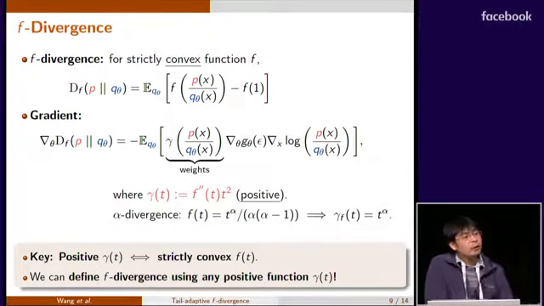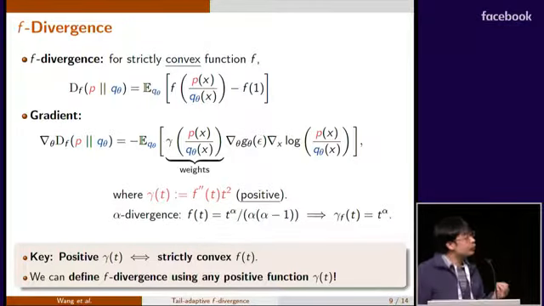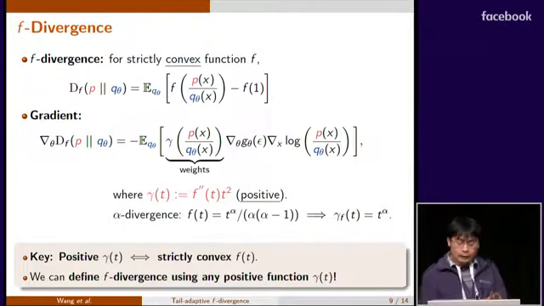Now, in order to incorporate tail probability into the f divergence, one of the key observations is that the second order derivative of f could be an arbitrary positive function. So if we specify an arbitrary positive function as gamma, that will reduce back to some valid f divergence.